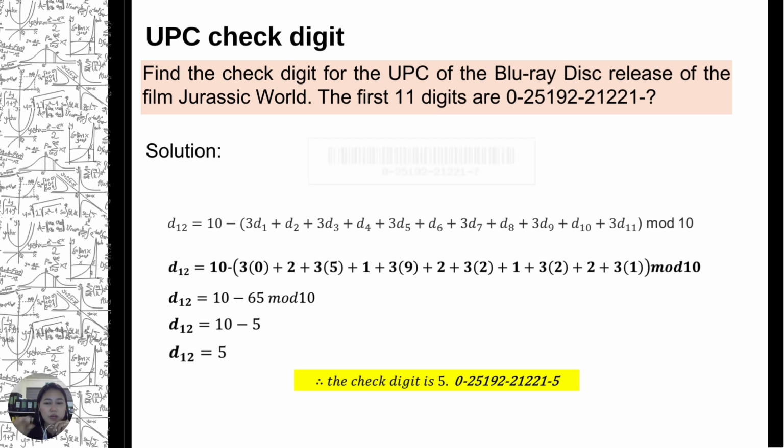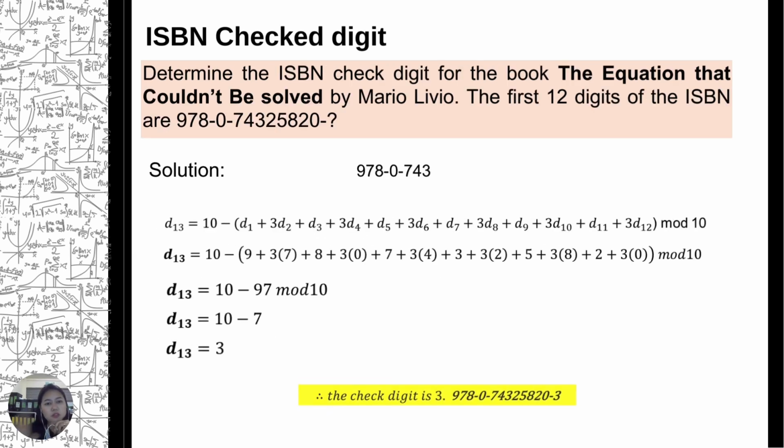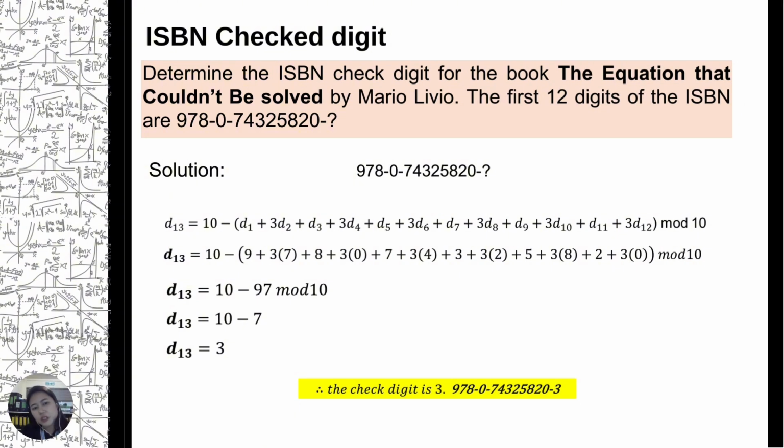As you can see, our formula in ISBN started with a variable that has no coefficient 3, followed by a coefficient 3.